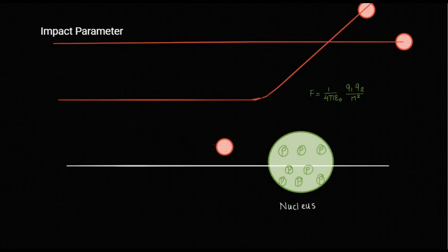Fine. So what will happen to this alpha particle? This alpha particle will come closer to the nucleus. After its kinetic energy becomes equal to the potential energy of the nucleus, it will become stationary for some time, and then this force will come into the picture, which will push this alpha particle back in the direction where it came from. Fine.